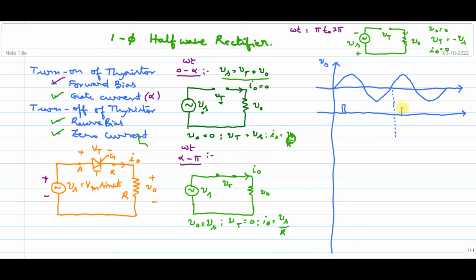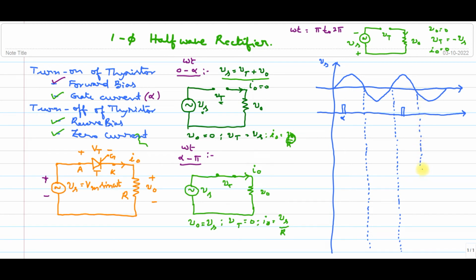So this is angle alpha, and you can drop all these things like this. Drawing itself is very simple, but you have to be a little careful. That's all, not more than that.